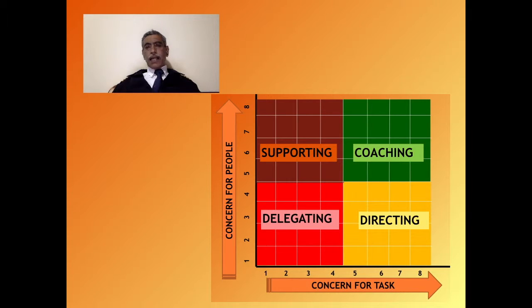It has been put in a graph, and on the x-axis is concern for task, and on the y-axis is concern for people. So the lowermost is the least concern for task, and as you go towards the right on the x-axis, there is a great concern for task, and so also is the case in the y-axis for concern for people's welfare.